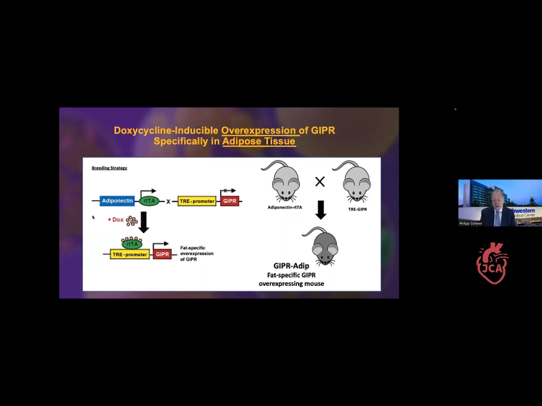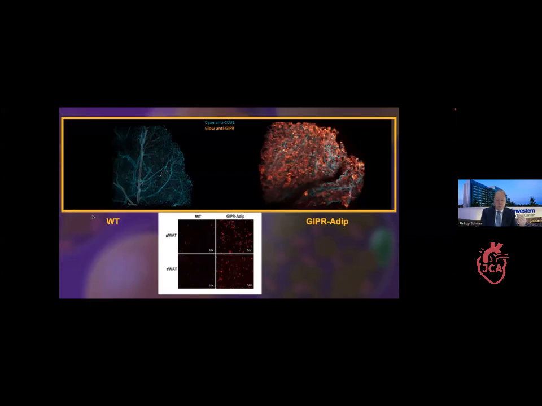We can make mice that just have a lot more of this receptor in the adipocytes, and we can do this in such a way that we can titrate and induce the levels in the adult mouse, so we don't have any developmental issues, and have here a fat cell specific GIP receptor overexpressing mouse.